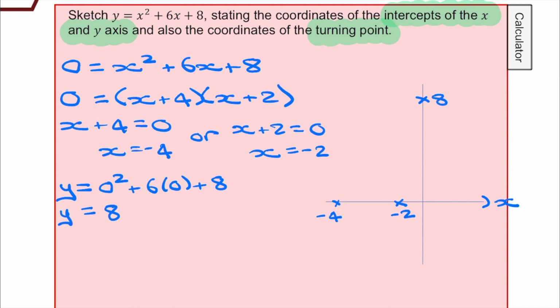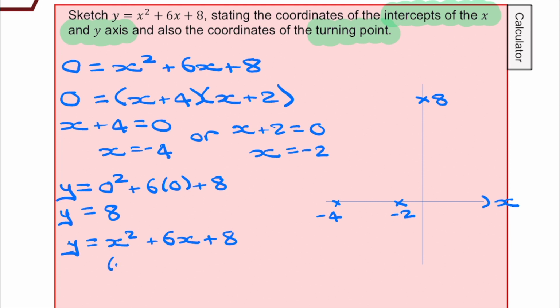And then the final part that the question's asking us to find is the turning point of the quadratic. Now that actually comes from completing the square. I'll show you what I mean now. So let's complete the square on this quadratic. First of all, to write it out again. And remember, with completing the square, we're going to halve the coefficient of x.